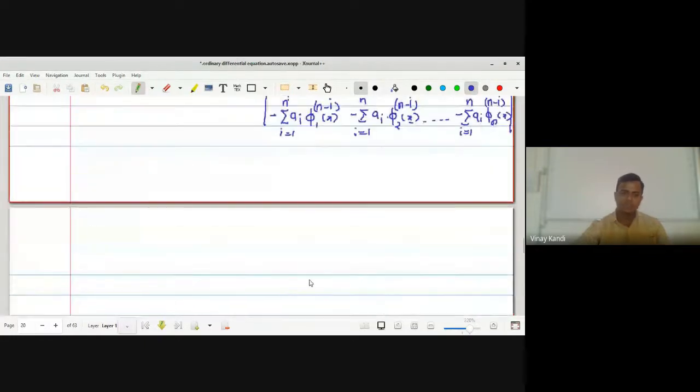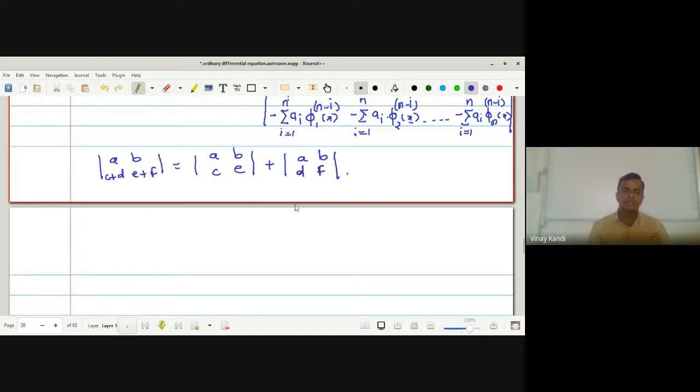We know that if suppose a, b here, c plus d and e plus f, if you have this determinant, so we can write a, b, c, e plus a, b, d and f. Okay, so expand this summation like this.